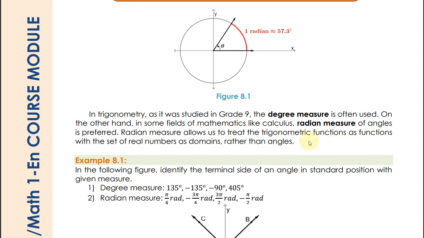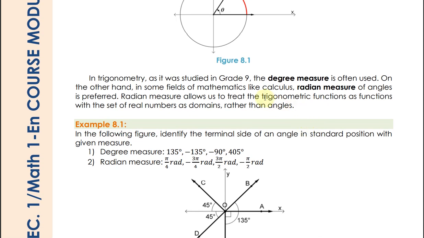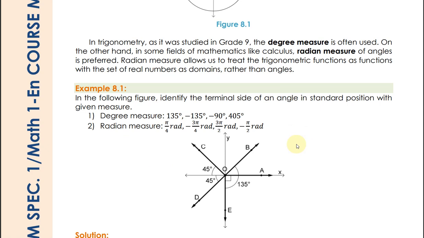The radian measure allows us to treat the trigonometric functions as functions with a set of real numbers as domains rather than angles. Remember the trigonometric functions: the sine, the cosine, the tangent, cotangent, secant, cosecant. If you're going to use those, you should be using the radian measure instead of the degree measure of the angle. Okay, so let's have an example.